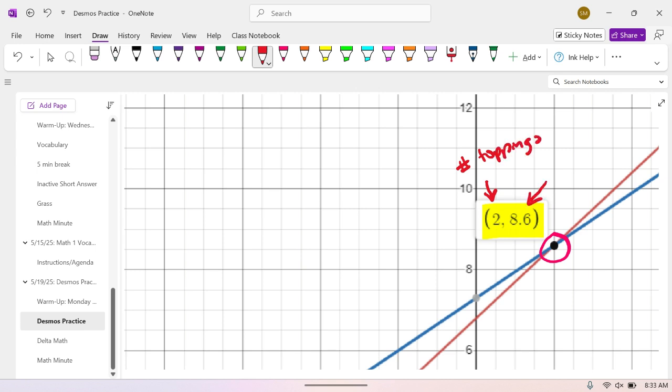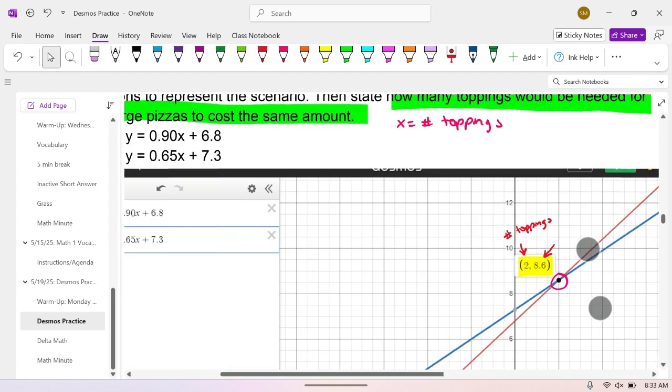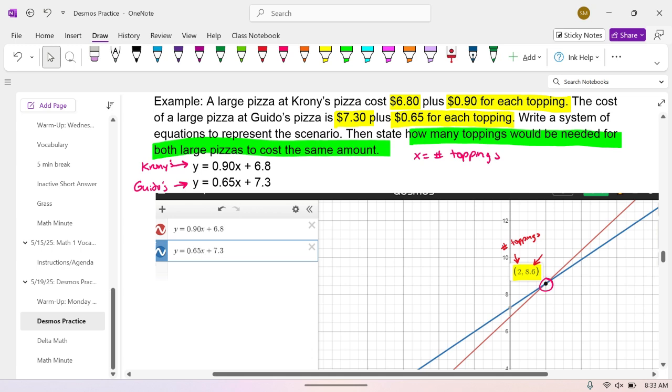What do you think the y value represents? So look at the question. It talked about the number of toppings, and then what was the other part of the question? So how many toppings would be needed for both large pizzas to cost the same amount? So if x represents the number of toppings, what does y represent?